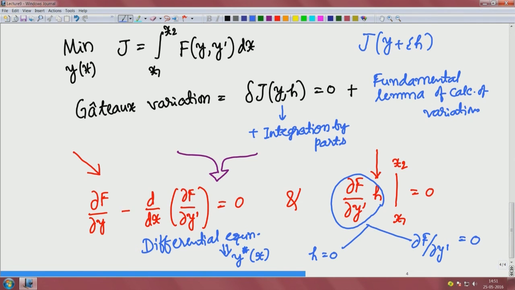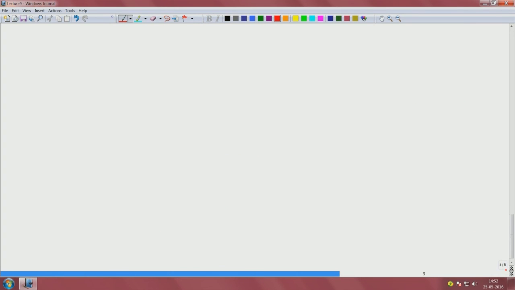H equal to 0, as we just discussed, is when y is specified. The problem specifies what y should be at the end, in which case h should be equal to 0, and the boundary condition is satisfied. If y is not specified, then dou f by dou y prime should be equal to 0. So, let us go to the next page and try to rewrite this.